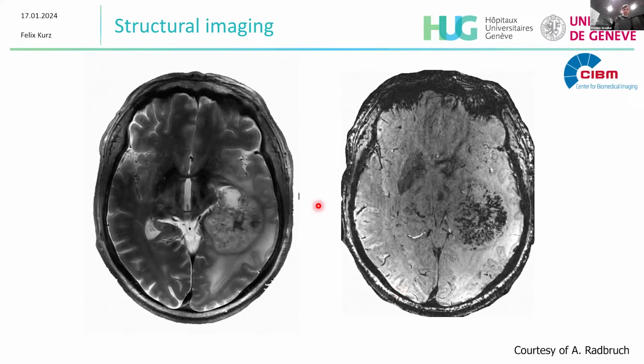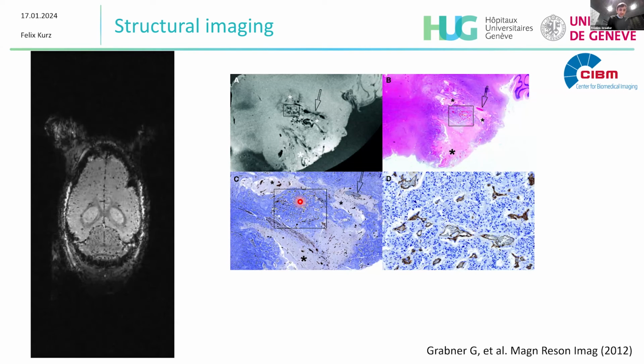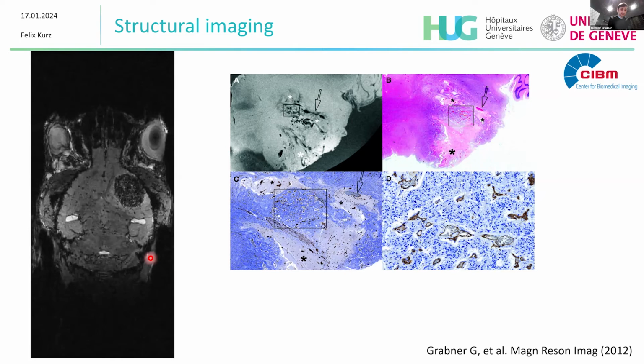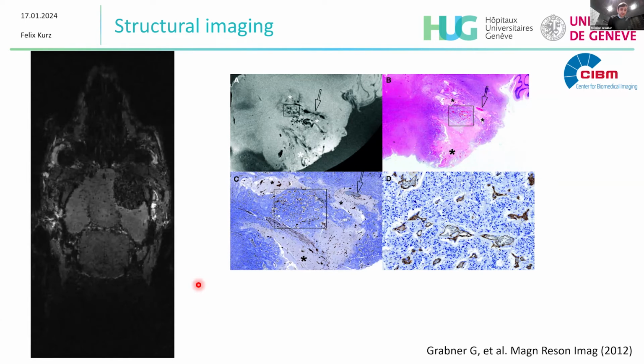You see here in this glioblastoma on the left hemisphere very well the delineated vessels in this T2 star image, in part due to the increased deoxygenation of the tumor that is connected to the energy metabolism, but also to the angiogenesis of the growing tumor. And this, of course, looks even better at even higher field strengths, in this case, an experimental 9.4 Tesla machine, where we scan the mouse brain.